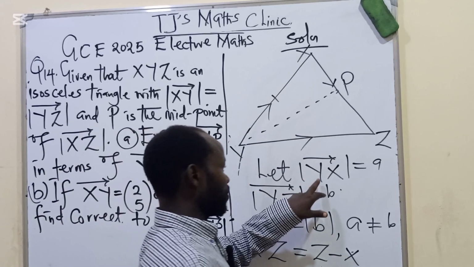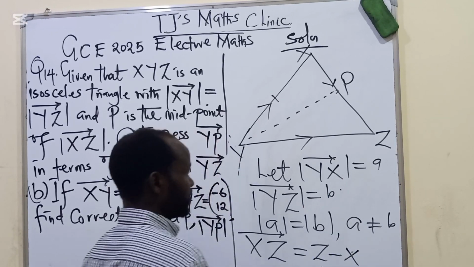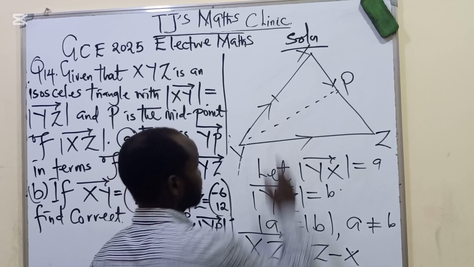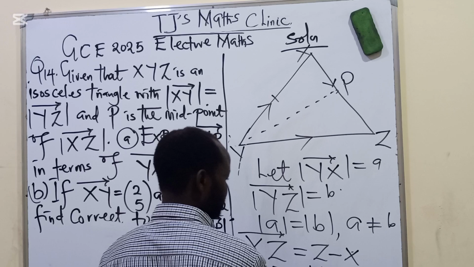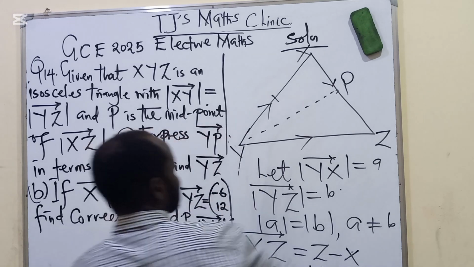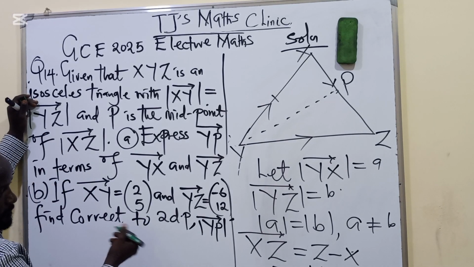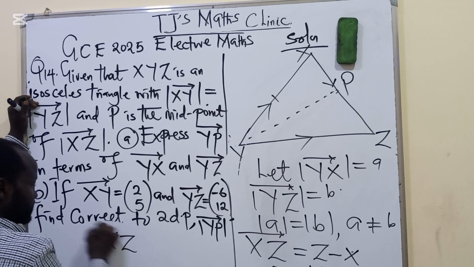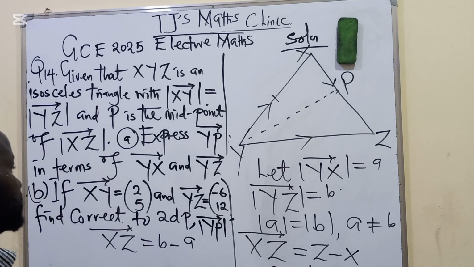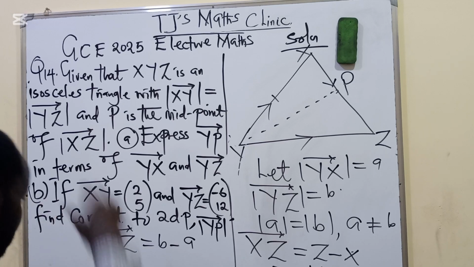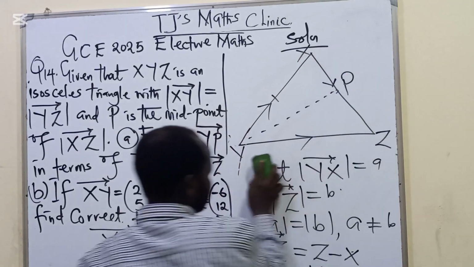Let me represent it again. From here, z is b, then x is a. So we can see clearly that vector xz will be equal to b minus a. Very important concept.